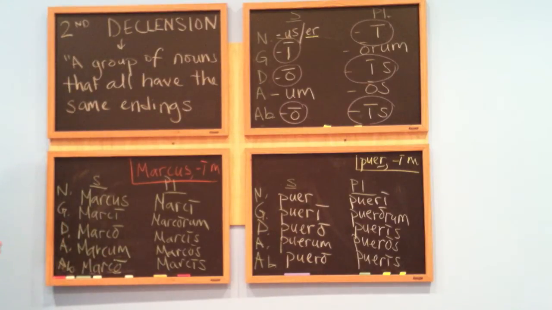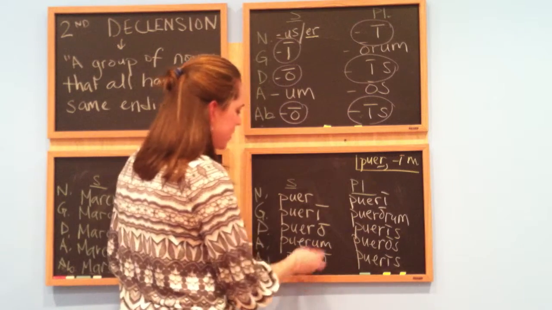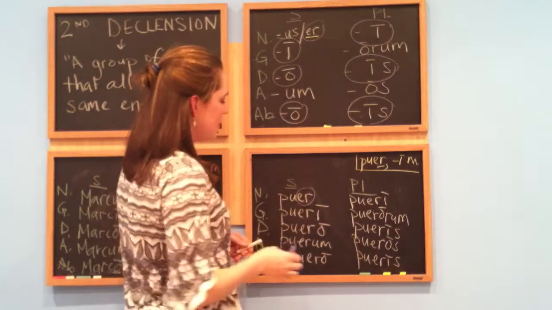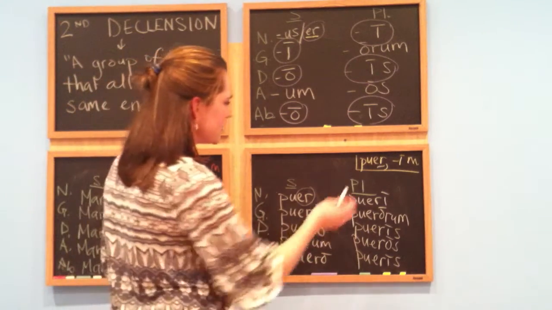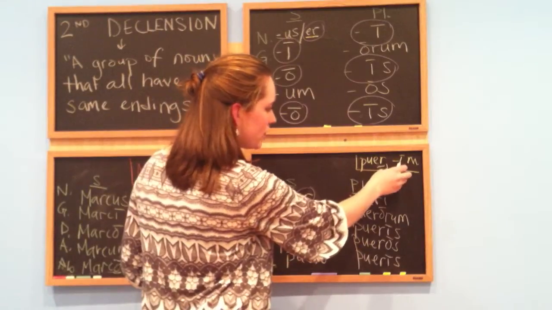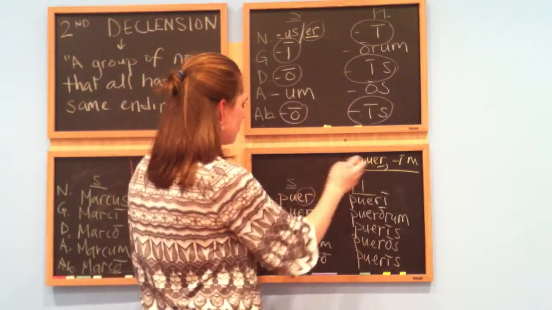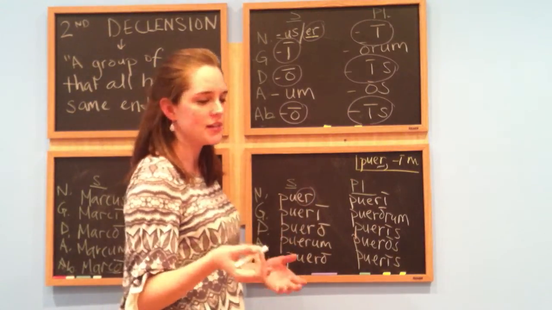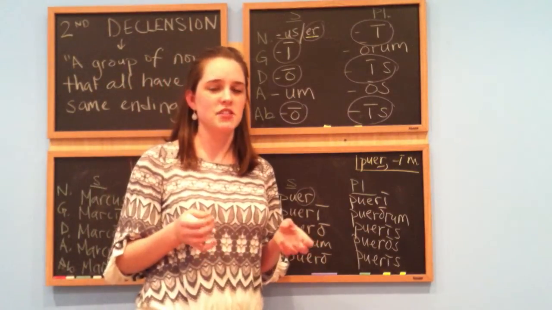There's one more thing I have to note. Some of these finicky ER nouns actually change their stem a little bit. So sometimes, instead of having puer, pueri like this, you'll have a noun that has one stem in the nominative and another stem in the genitive. Now remember, a stem is a part of the noun that doesn't change.